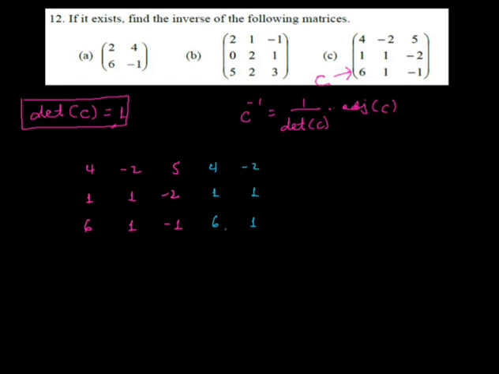Then the next step, we repeat the first row and second row. We write the first row and second row again: first row, and the second row 1 1 minus 2 1 1.